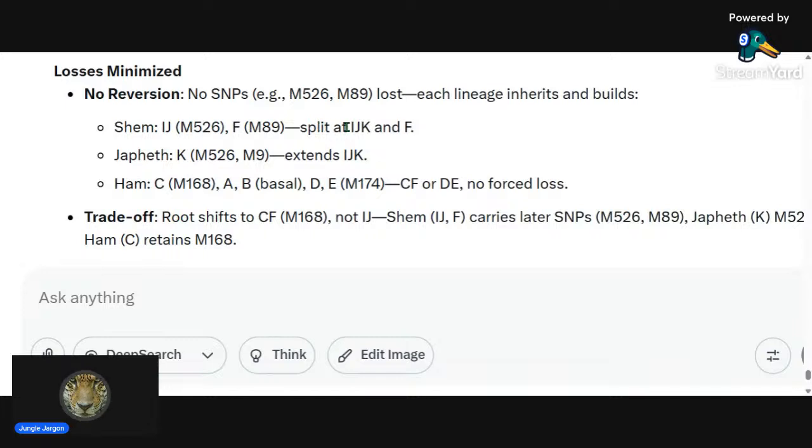So I don't know why it's saying a split in IJK and F. Japheth, has the IJK marker and its own M9, extends IJK. I don't know why it extends IJK.